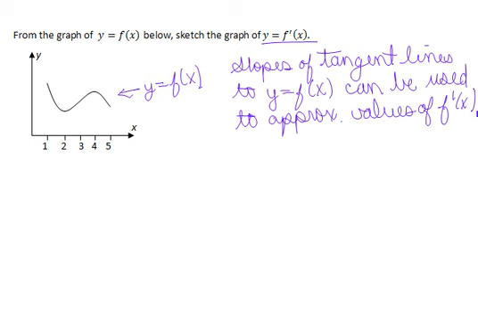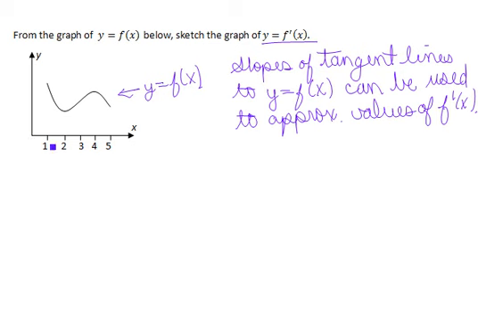And if we've got some basic idea of the values of the derivative, then we ought to be able to sketch its graph. So let's start taking a look at tangent lines to this curve.